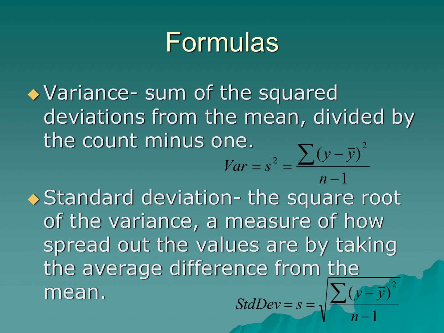So we have two calculations of spread. The first is called the variance. It's the sum of the squared deviations from the mean. You calculate how far each data value is from the mean. You square it, because if I take those deviations from the mean and add them up, I get 0.